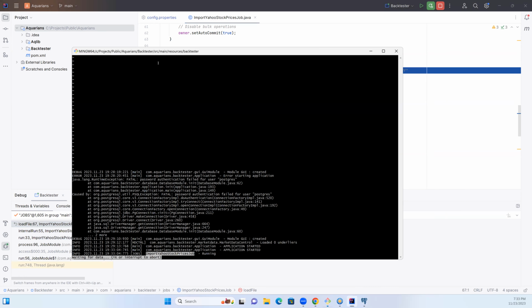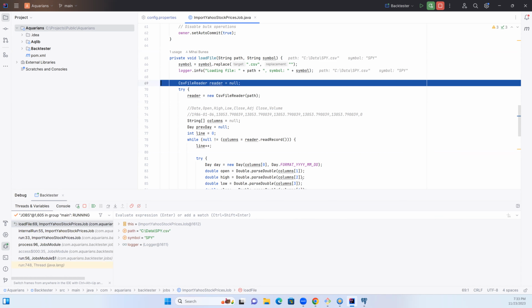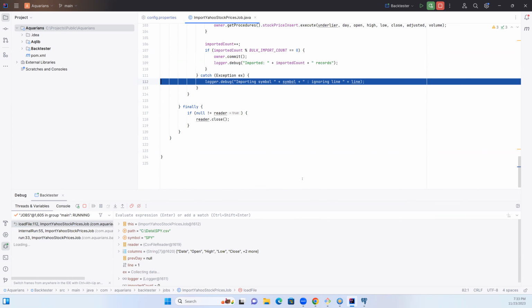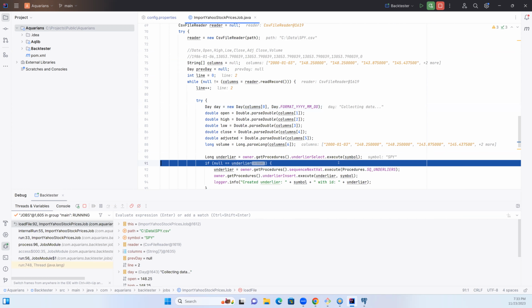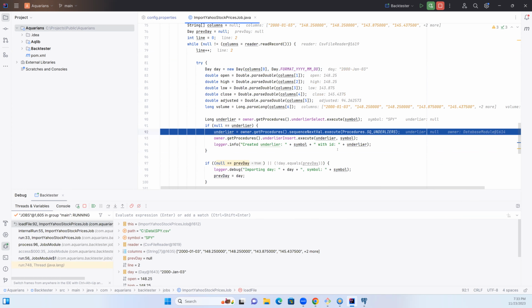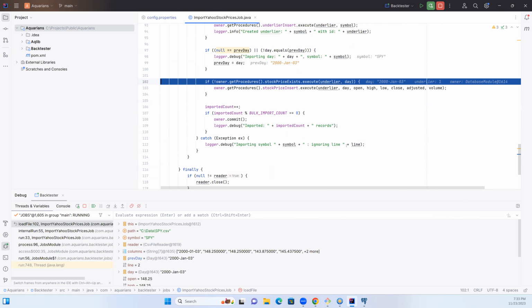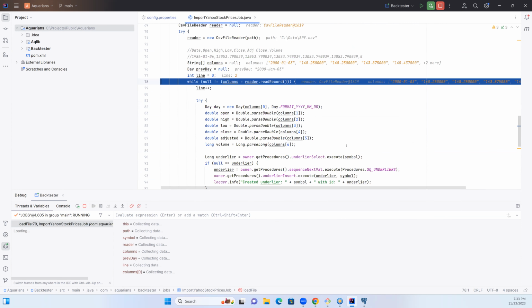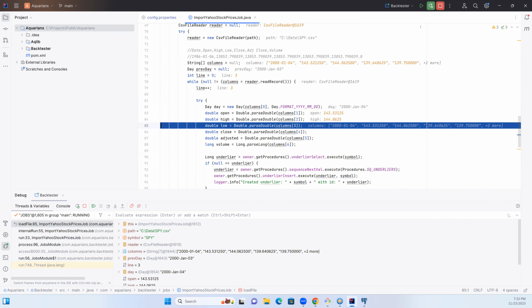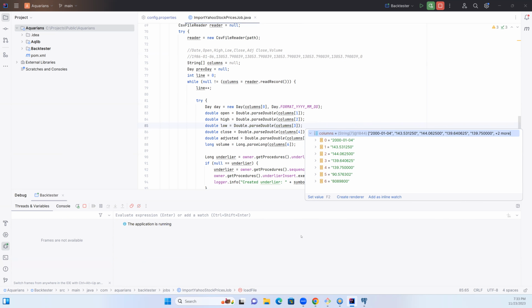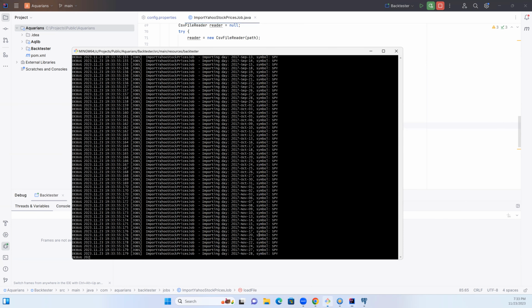It looks for all CSV files in that folder. It's reading line by line. If it doesn't find the underlier in the database, which is SPY, it creates it, and it's inserting price by price. So I'm just going to let it run. F9 is continue. Look here, it's importing and it has completed.